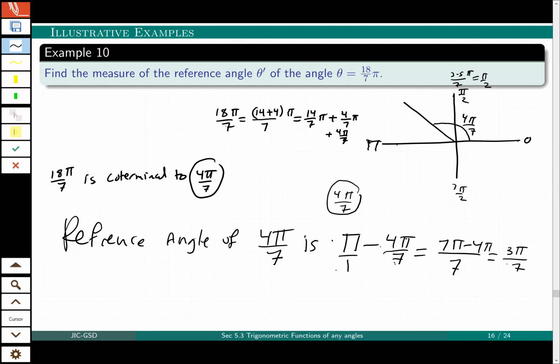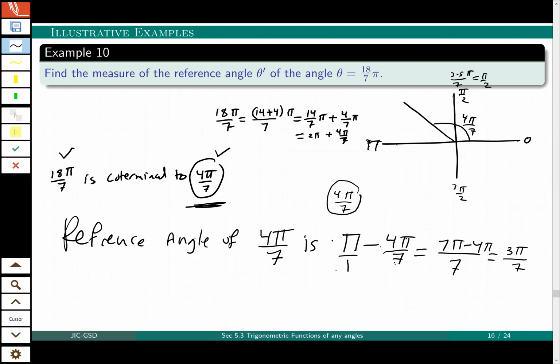Again, I'm repeating. First of all, 18 pi over 7 is more than 2 pi. So we said, which number will cancel out 7? The number which cancel out 7 is 14. So we said that should be 2 pi plus 4 pi over 7. So we said 18 pi over 7 is coterminal to 4 pi over 7. Now we need to locate that one in which quadrant.